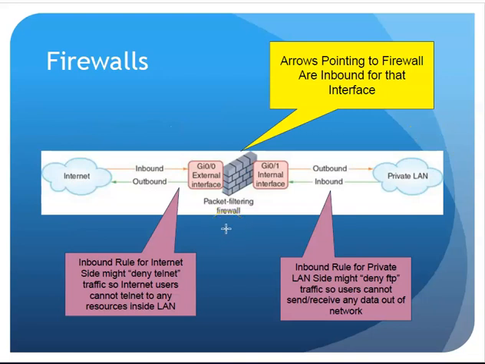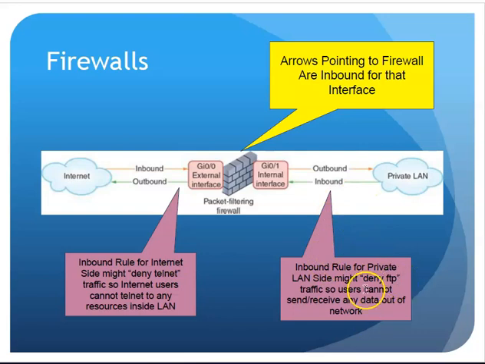And I put a couple bubbles in here to give you an example of what could be done. I can have a rule on the outside interface, and I would write it for inbound, so it's going to deny telnet traffic from trying to come into my network, among many other things. I might have many other things in there, but to give you one example, I'm going to deny telnet traffic from trying to come into my network.